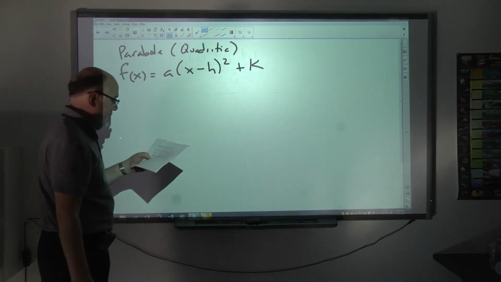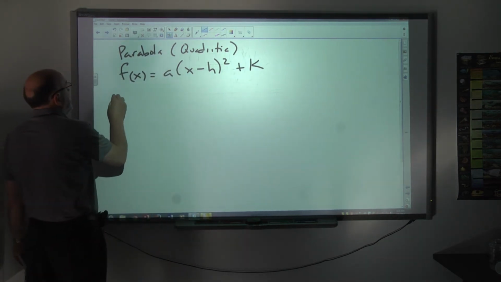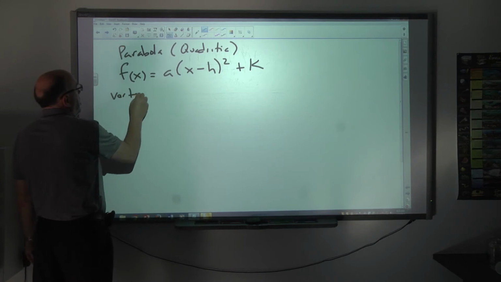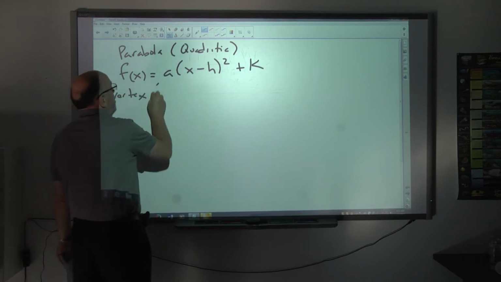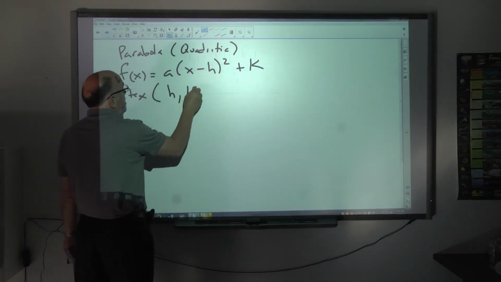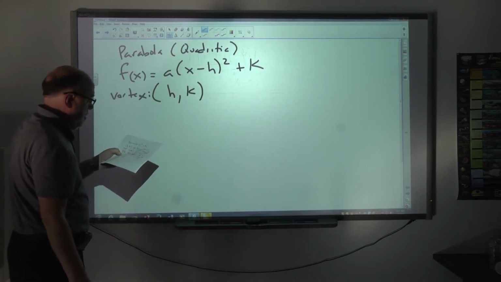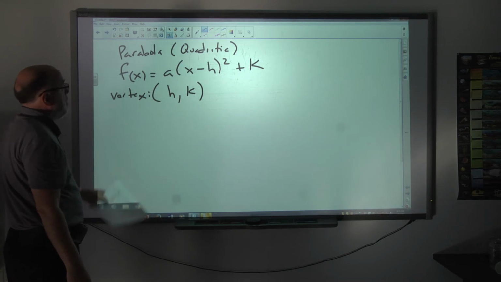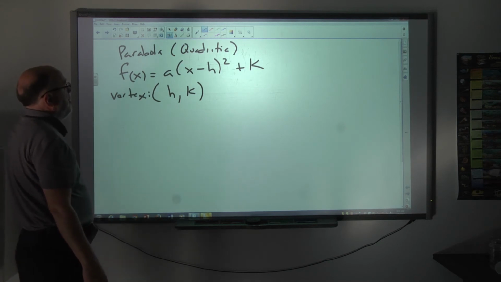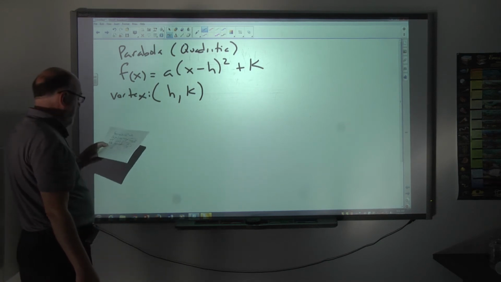The vertex is given by the coordinates (h, k), so we can tell the vertex point from that equation.